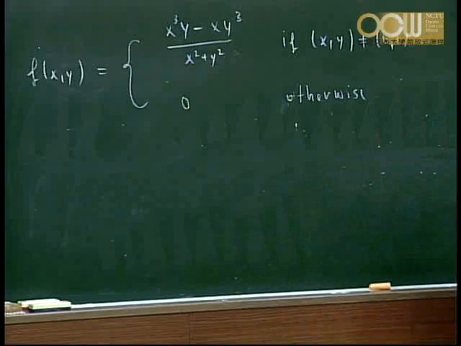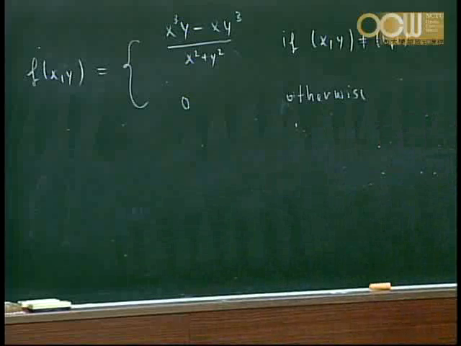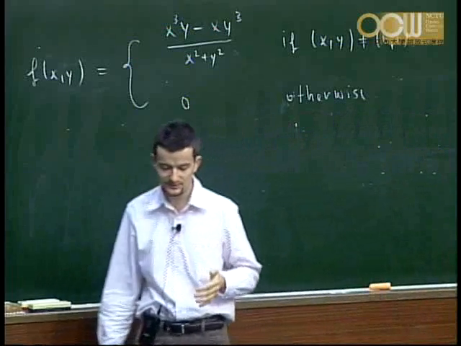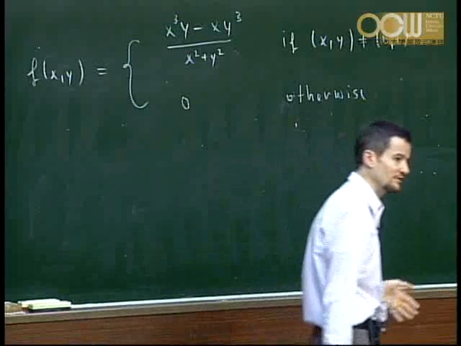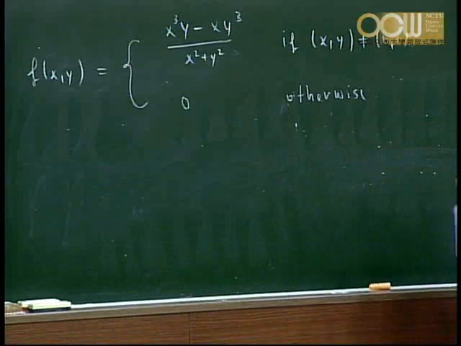Okay, now let's compute the partial derivatives here. What I essentially want to compute is the second mixed partial derivatives at (0, 0). But for this, first I need the first partial derivatives of this function.